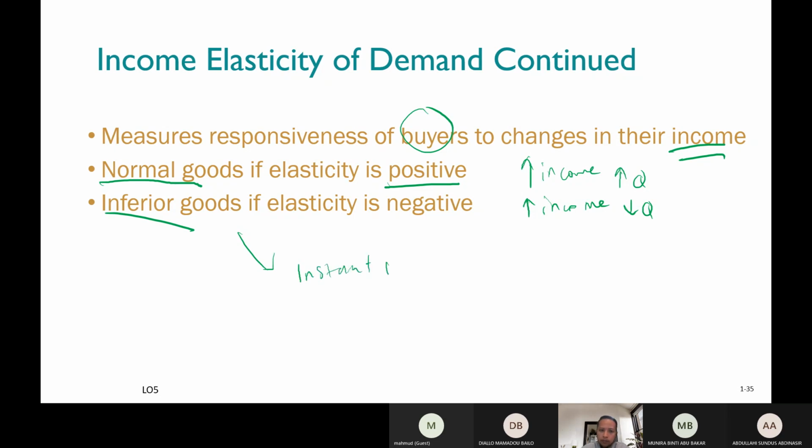The example that I provided last week, instant noodles. You would consume instant noodles when your income is low. Right? For students, sometimes you would consume instant noodles, but when you have the income, you would most likely reduce the quantity that you consume of instant noodles. So that's considered an inferior good.